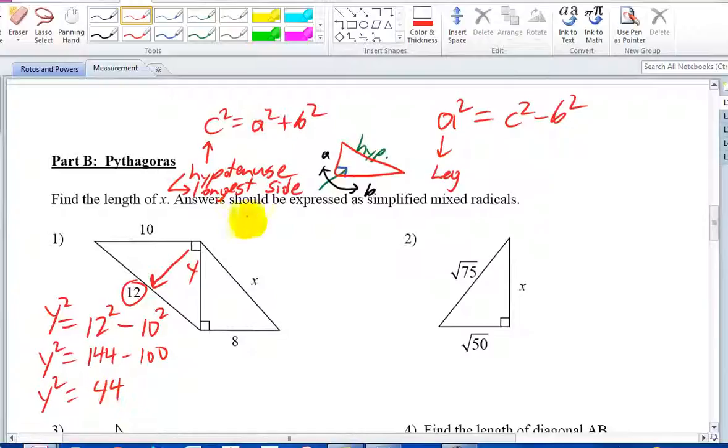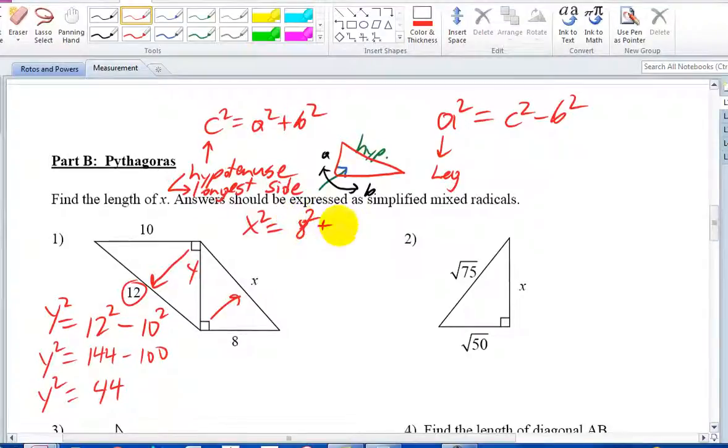So then, x squared, what should we do? Are we finding the hypotenuse of the second triangle? Oh, yes, we are. So x squared has to be big. In order to make something bigger, you have to add things together. So we're going to go 8 squared plus what?